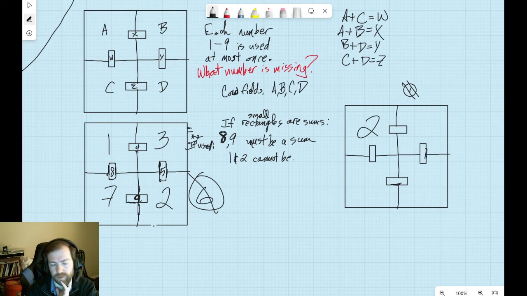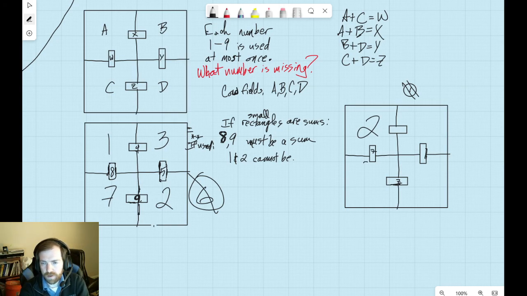Right, 8, 9, and 7 all have to be used as sums. Which means either 7's going to be here or a 7's going to be here. Again, without loss of generality, we can swap those for the other 2 if we feel like it.